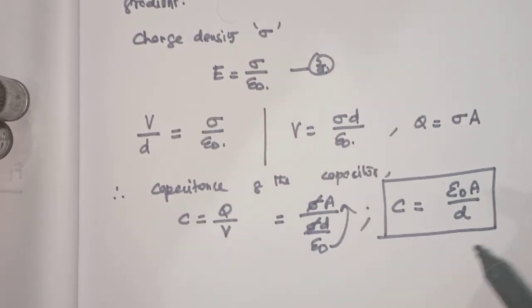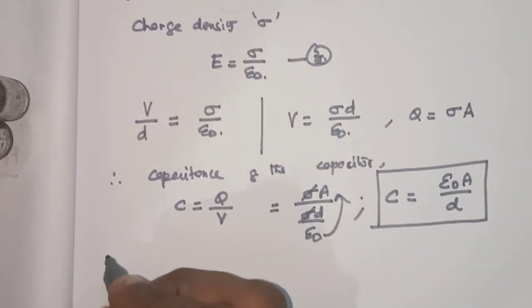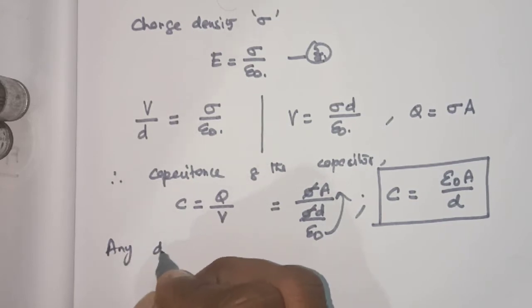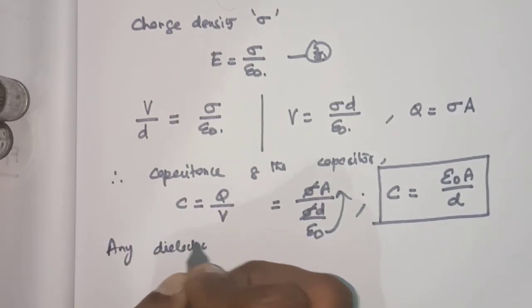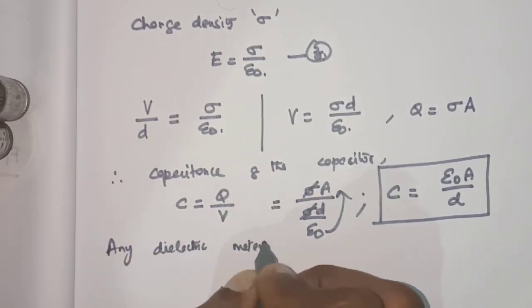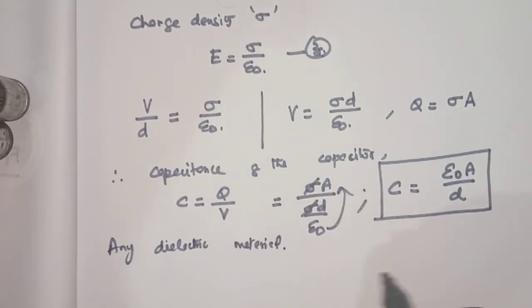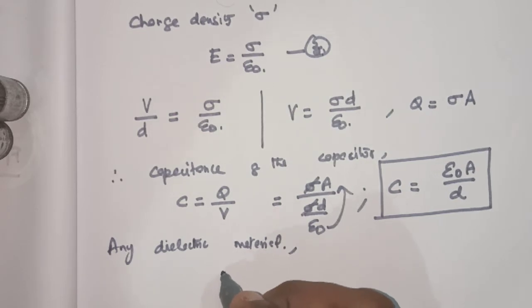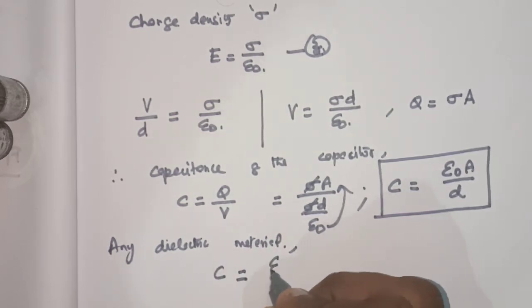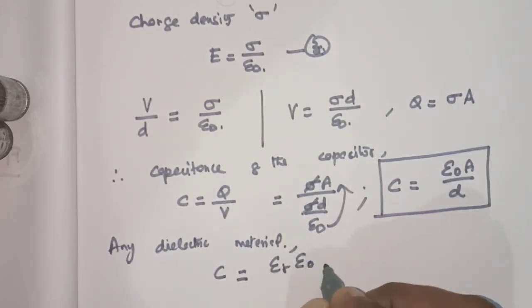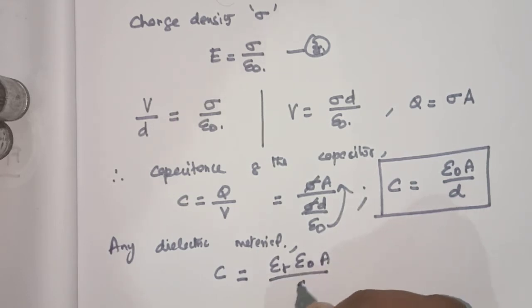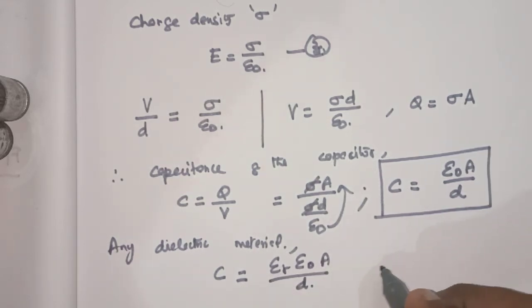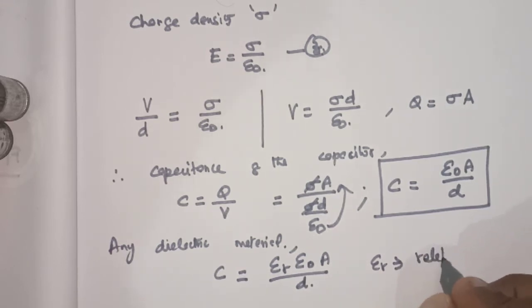Suppose any dielectric material is placed in between these two plates, we will get the capacitance of the capacitor C equals epsilon R epsilon naught A divided by D. Here epsilon R equals relative permittivity.